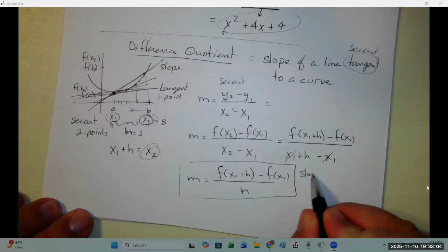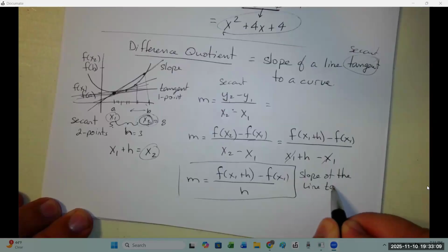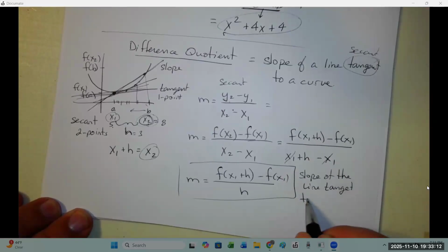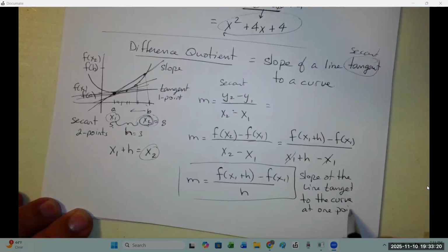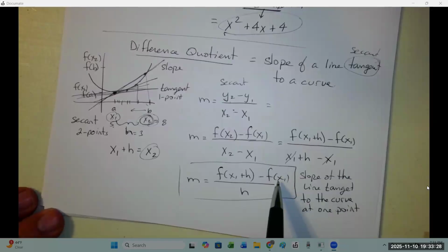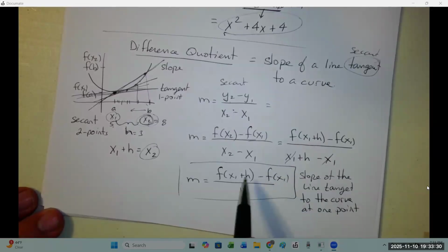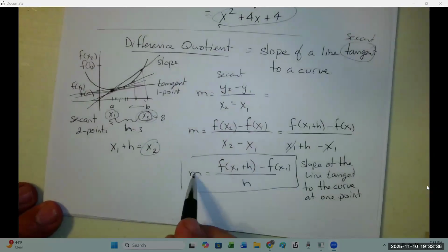This is the slope of the line tangent to the curve at one point, because we only have one x value, and eventually h will go away. Remember, this equation is the slope of the function. Let's look at how to do these.